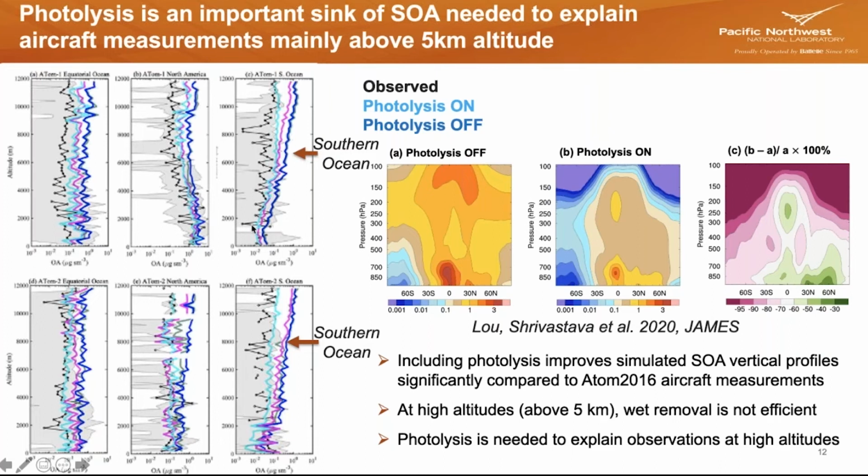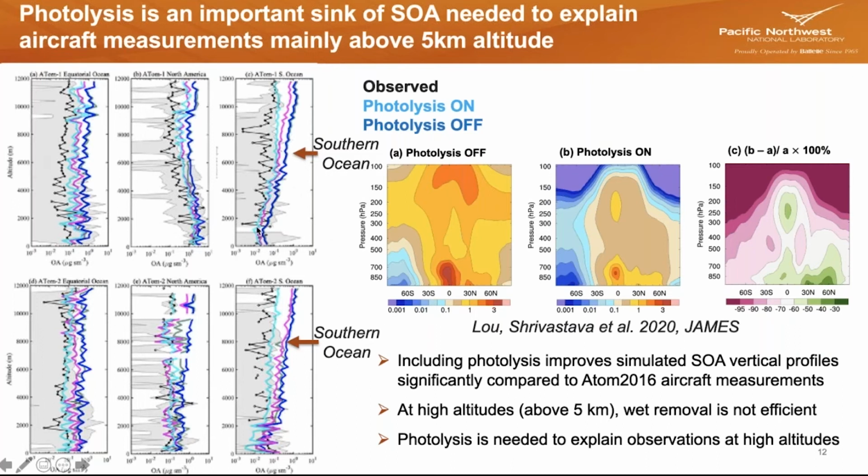The measurements are in black here, the gray shading is the variability of the measurements, and the model predictions are shown by different colors. As you can see, without photolysis, we overestimate SOA in the upper troposphere. Once we include photolysis, we see a much better agreement, both near the surface and at high altitudes. The key is that at high altitudes, above 5 kilometers, the wet removal sink is not efficient.